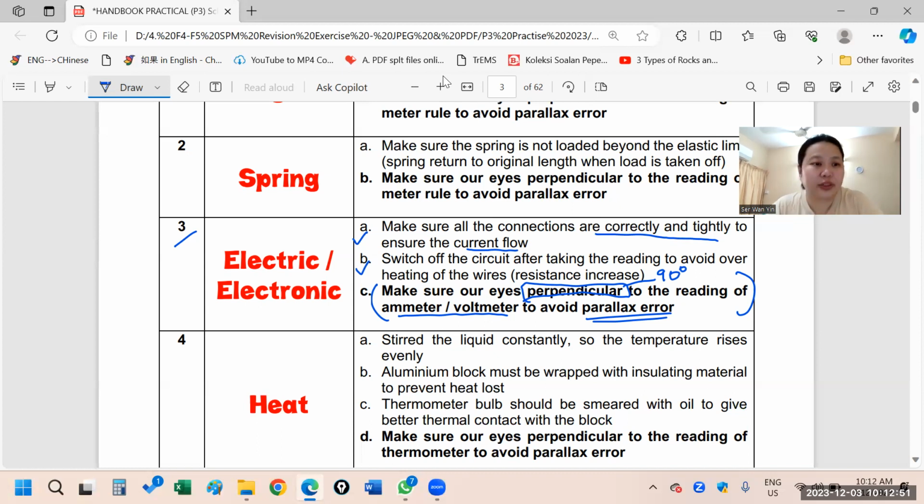Then switch off the circuit after taking the reading to avoid overheating of the wire, to avoid the resistance increasing. If got switch, you just open the switch. If no switch, you just unplug any side. Because if the current keeps flowing inside the apparatus or wire, it will produce heat.